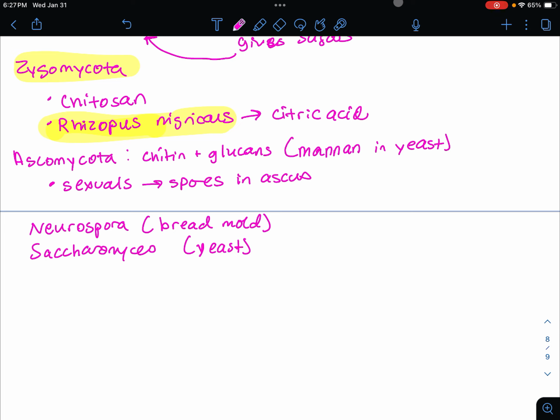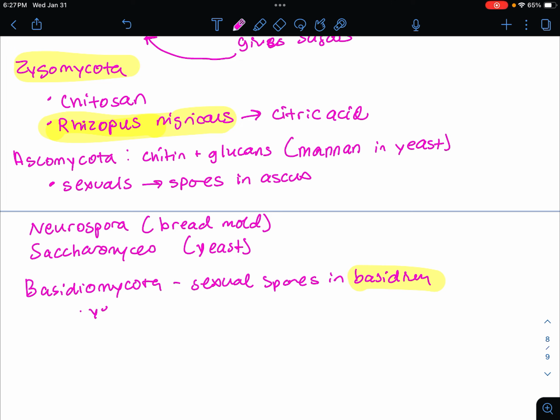Basidiomycota and the Deuteromycetes, so these are the last two groups. They're going to make the sexual spores in the basidium. Their vegetative structures are either yeast or separate mycelium.